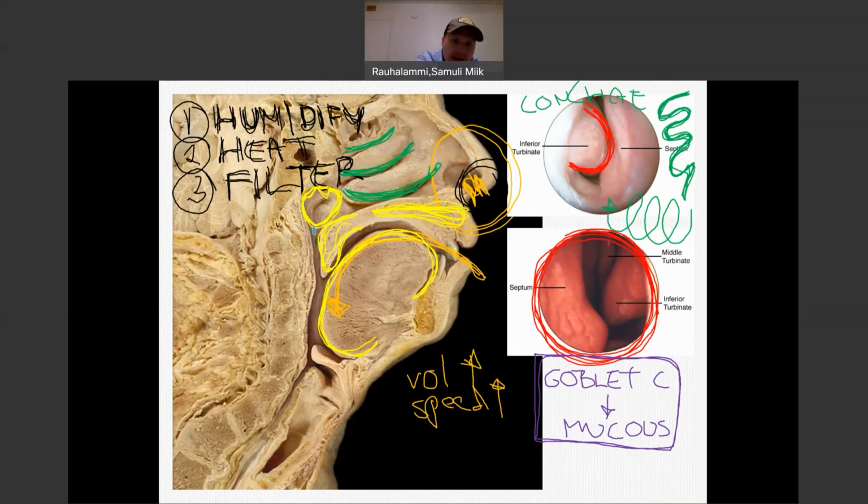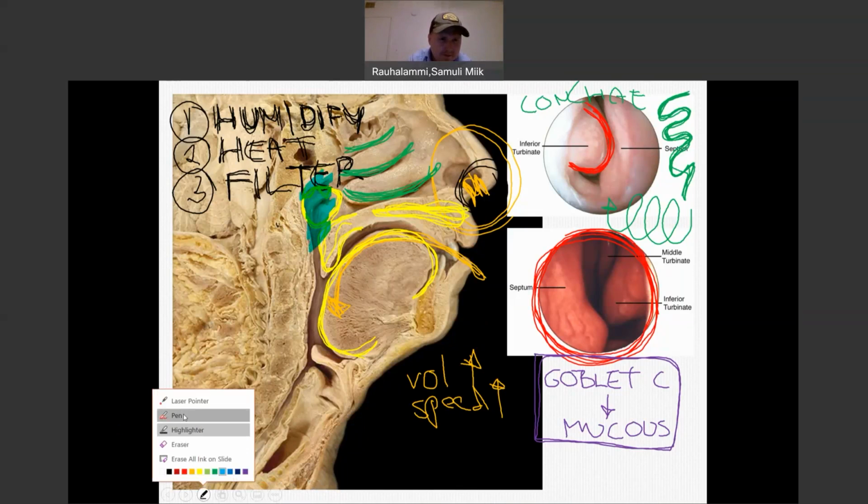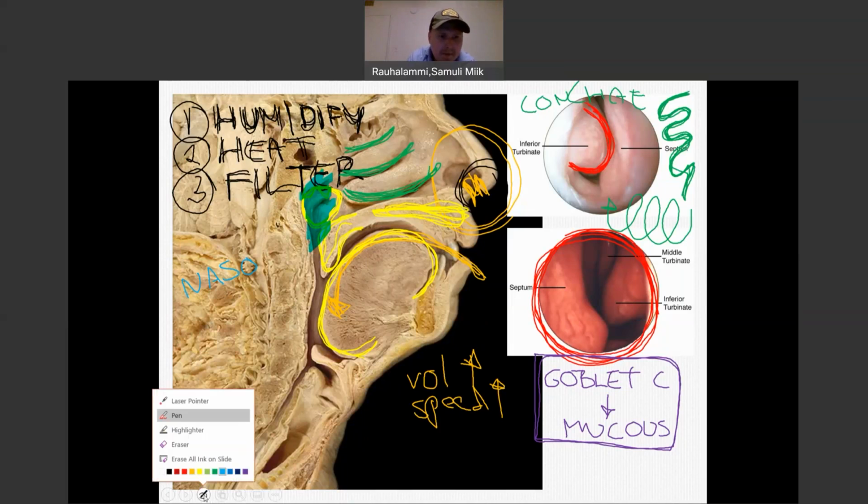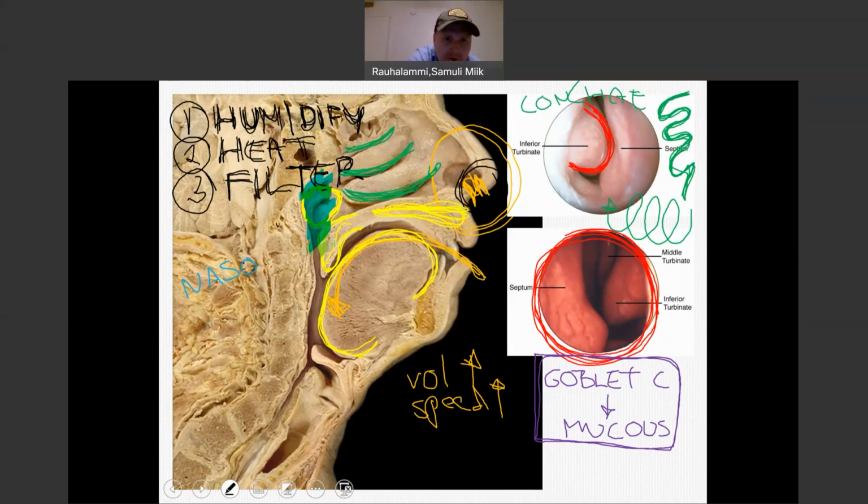So behind the nasal cavity, we have the nasopharynx. Behind the oral cavity, we have the oropharynx.